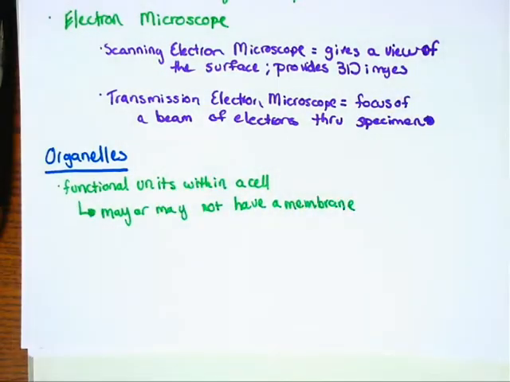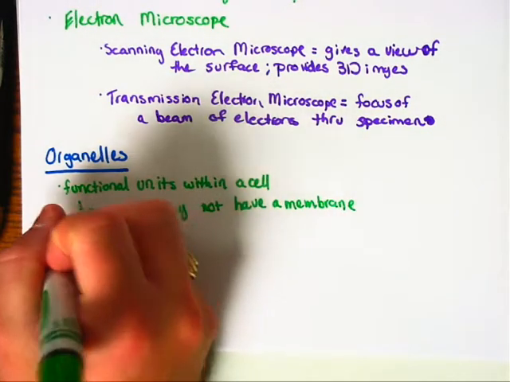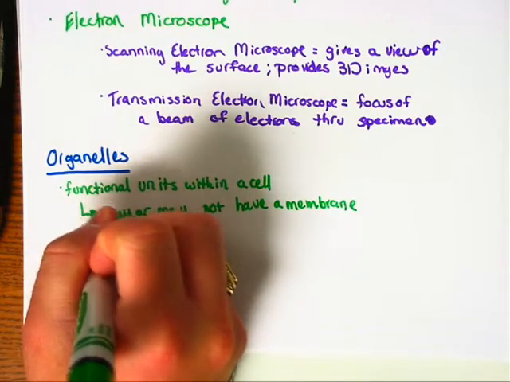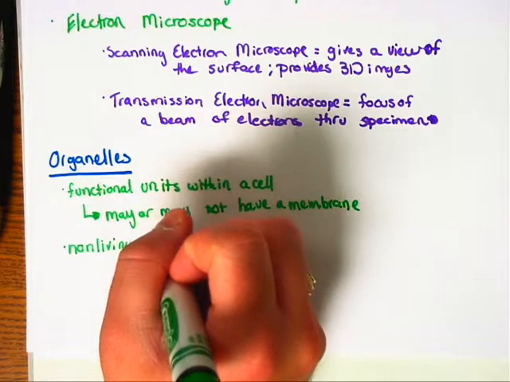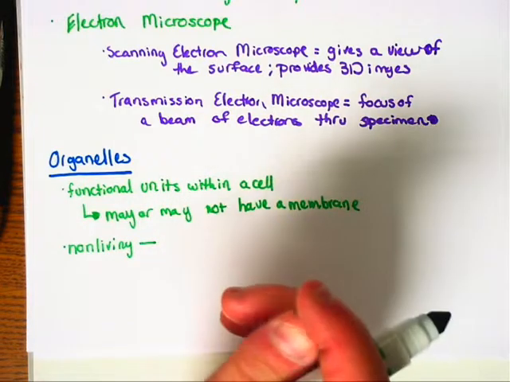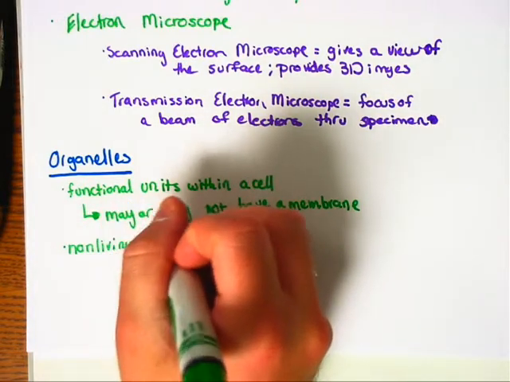And these functional units of a cell may or may not have a membrane. But we could agree that they are non-living, which means they can only function as a collective, or they function best as a collective.